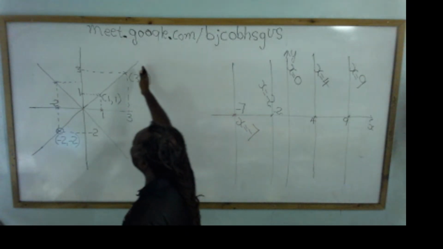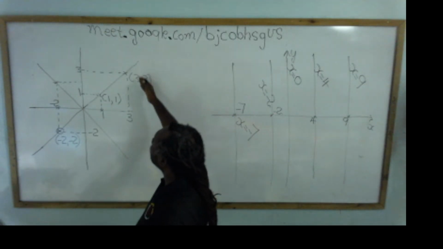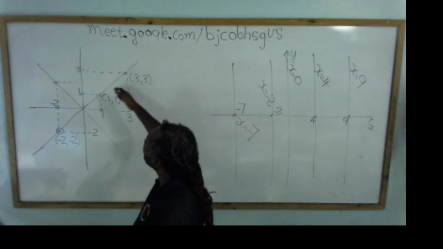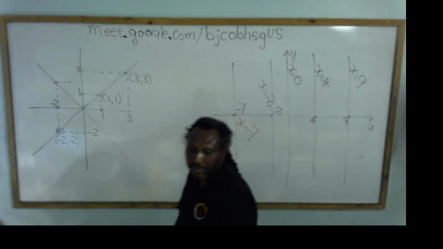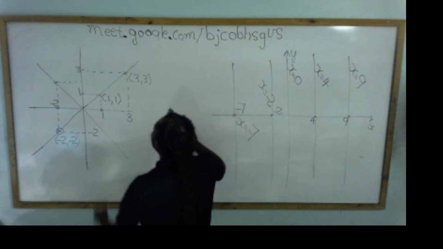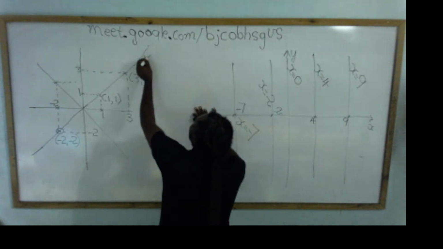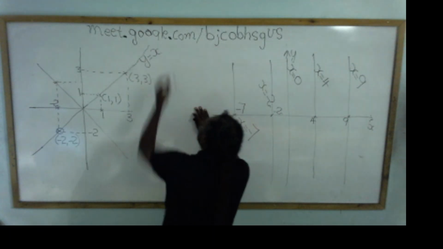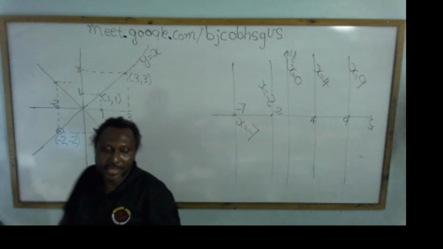Notice that this line that we have here passes through 3, 3. It passes through 1, 1. It passes through negative 2, negative 2. The equation of that line is therefore what? This one, y is equal to x.